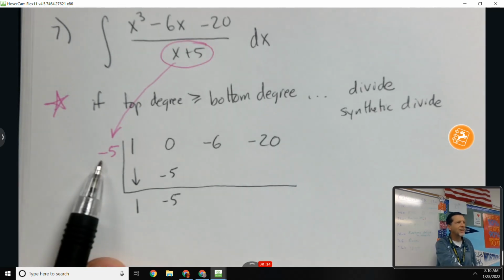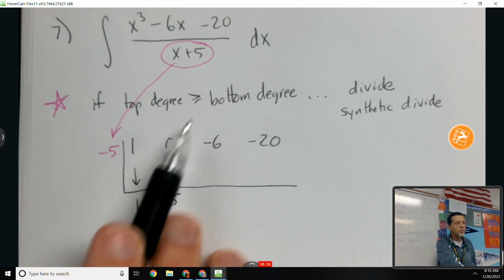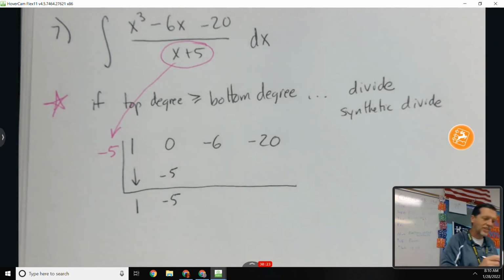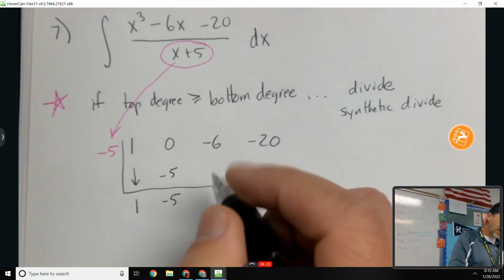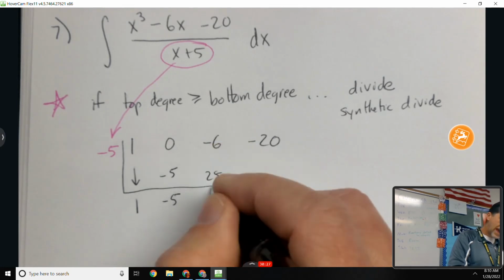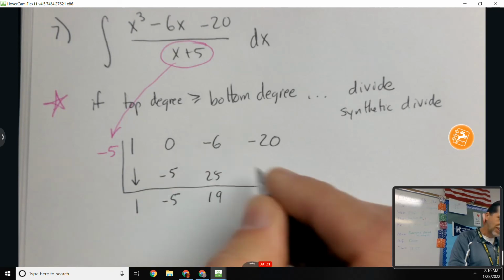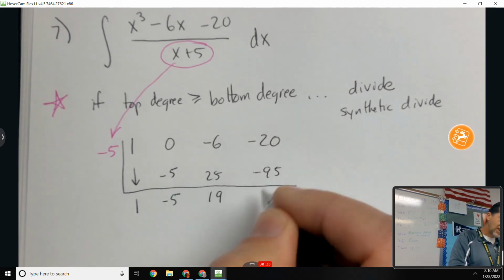That's why they did that. We never really talk about that. If you wanted to put a plus 5 there, then you could subtract, but let's not do that because nobody does it that way. Multiply, add, multiply. Oh, that's not any fun. Add.